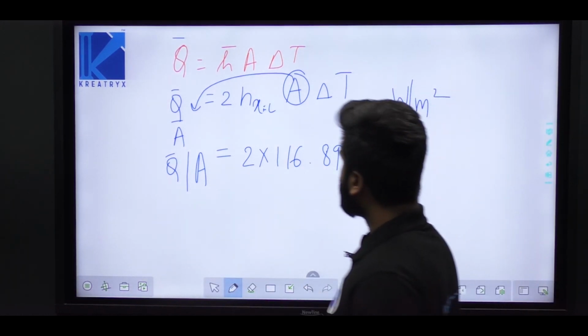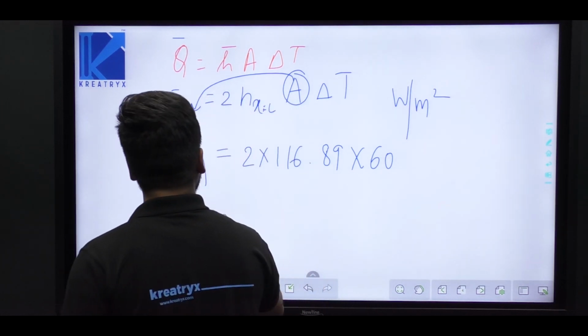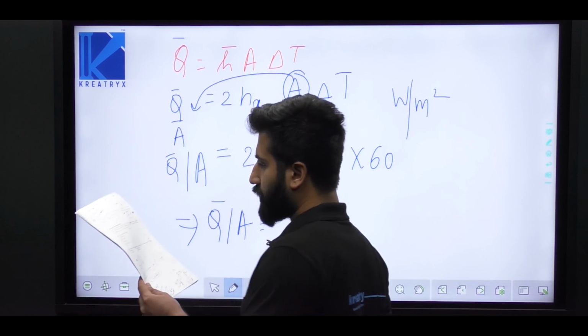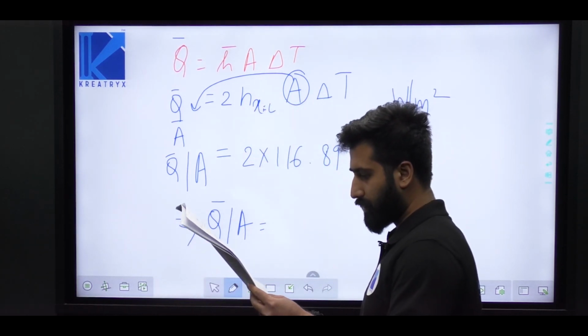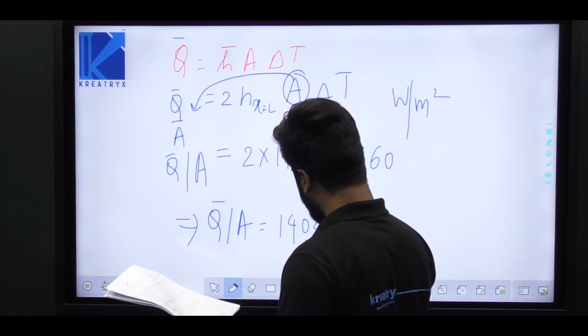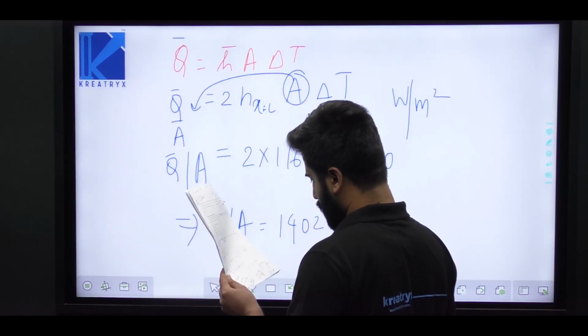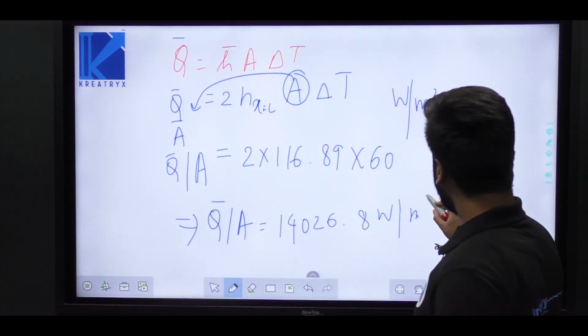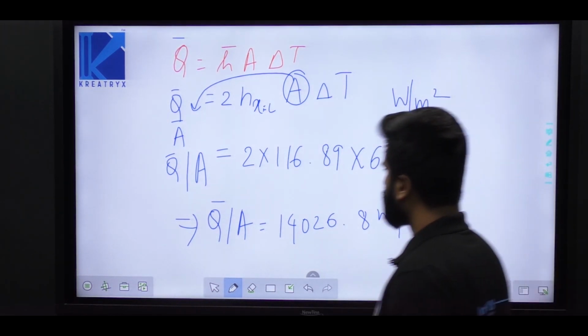So solve it. You will get the value of average heat transfer per unit area, which is approximately 14028. Its exact value is 14026.86 watt per meter square, and the closest option is D. So this is it.